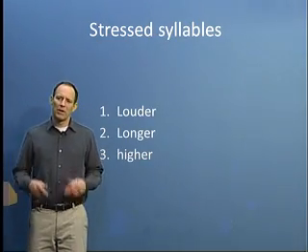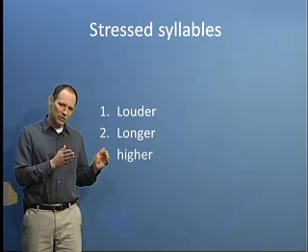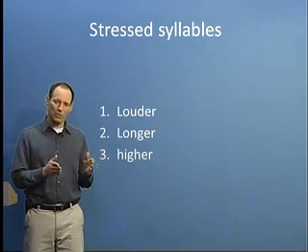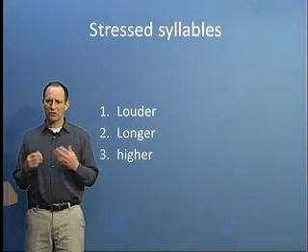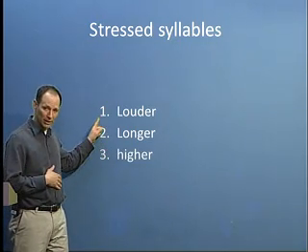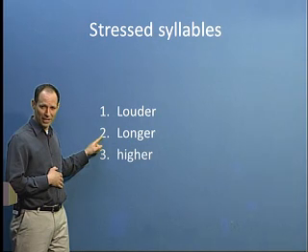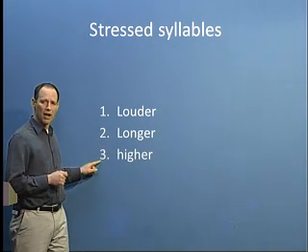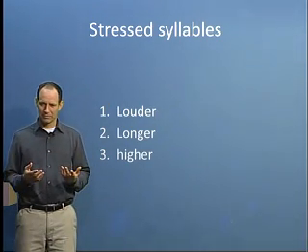So, a two-syllable verb has one stressed syllable and one unstressed syllable. A stressed syllable just means that we say that syllable louder, longer, and higher than the other syllable.